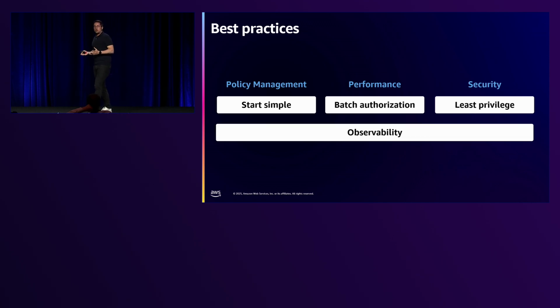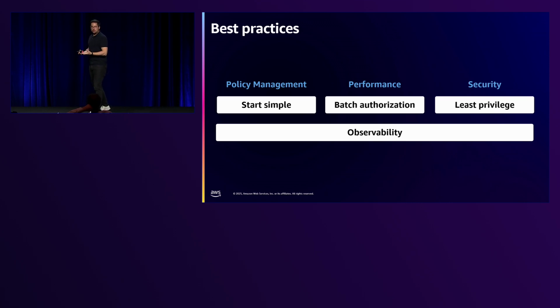And when it comes to all of this, observability is also something that you can now think about. We now have a central access log of all the authorization decisions within our application environment. You can use that for several reasons. You now know what the users are doing in your application and can use that to think about how they interact with the application and which features are, for example, popular or not.